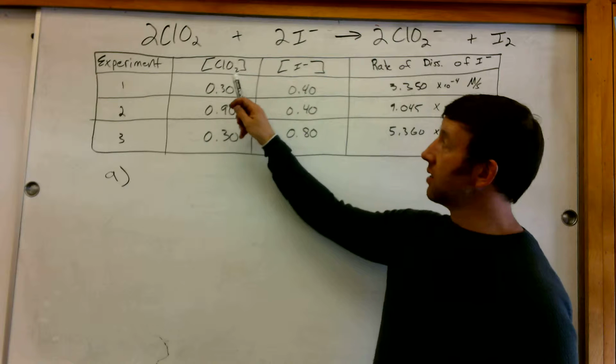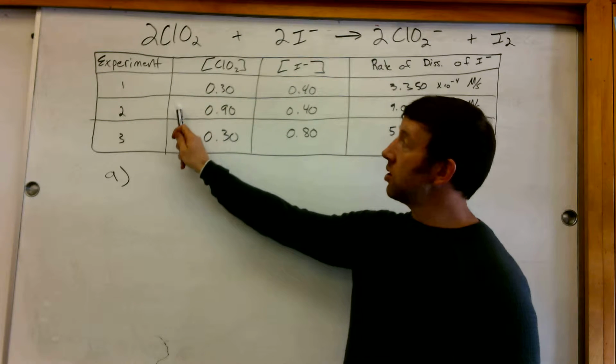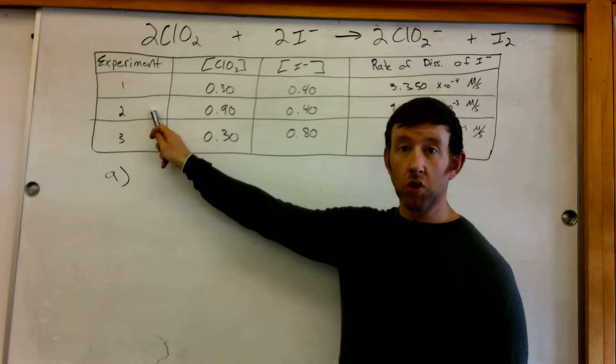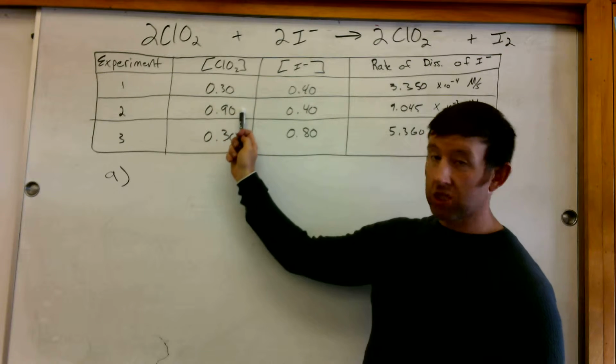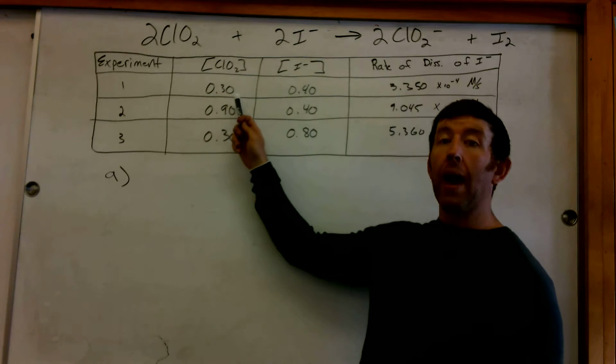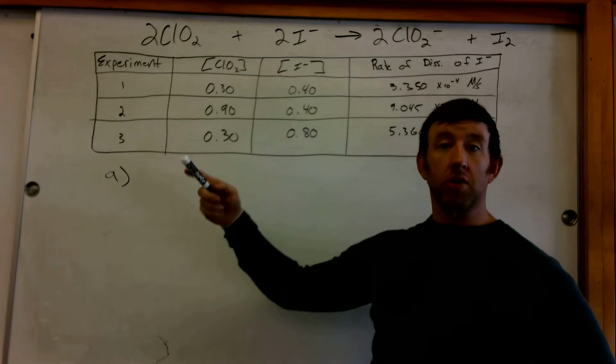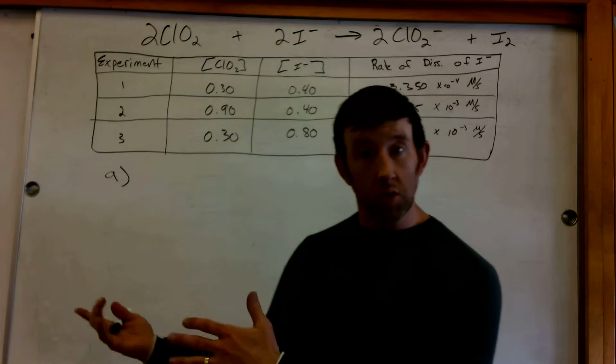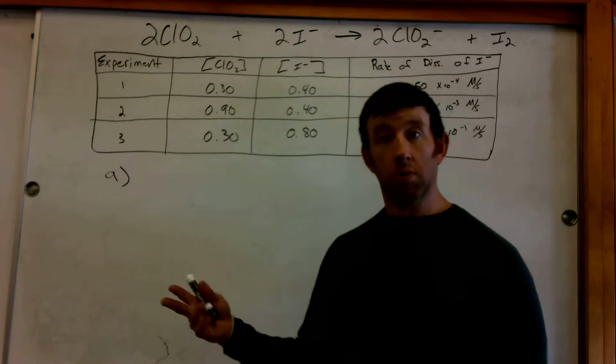Compare experiment 1 to experiment 2. You should notice that my chlorine dioxide goes up by a factor of 3, and my iodide ion stays constant.